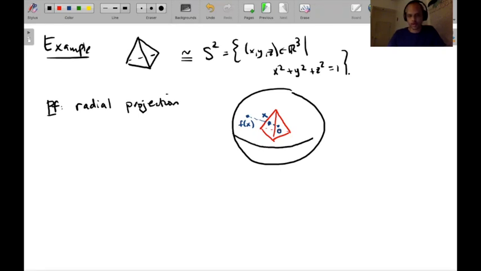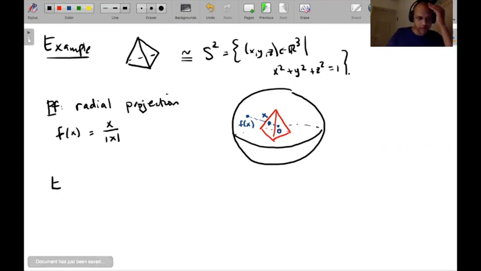So this is the sphere. I like to draw it like this. So f of x is x over norm x. You just normalize x to get a point on the sphere. Okay, so this is a continuous bijection. The inverse is also continuous, which I'll let you convince yourself of.